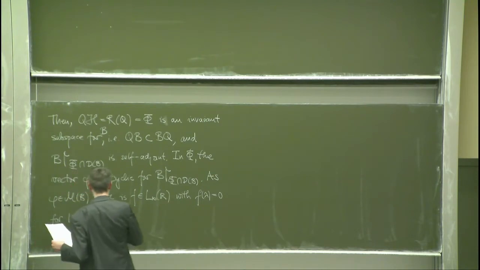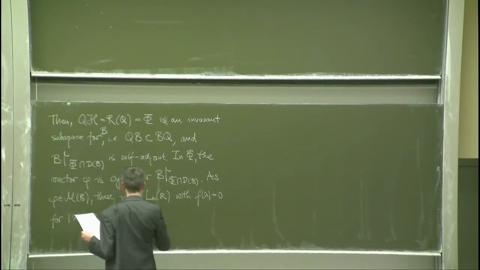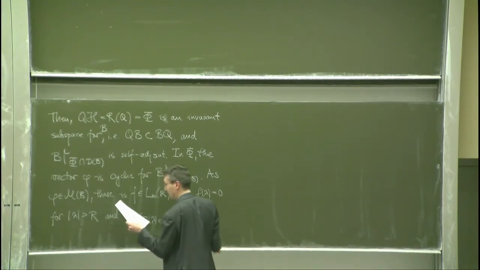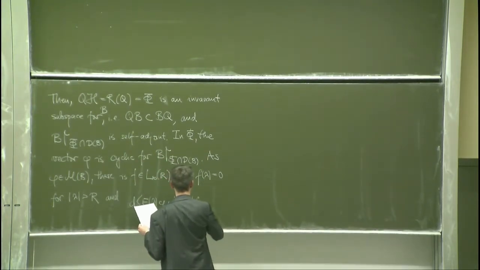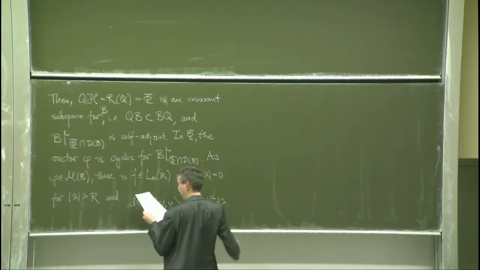And we have that d e of lambda phi is nothing but f of lambda absolute value to the power of 2 d lambda.